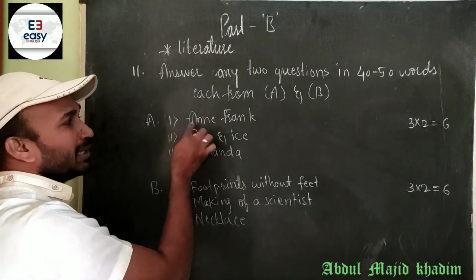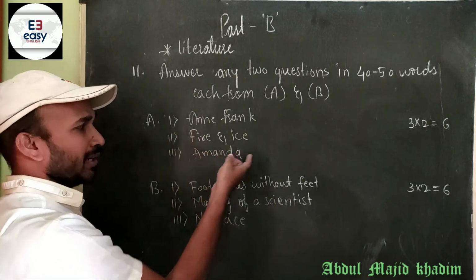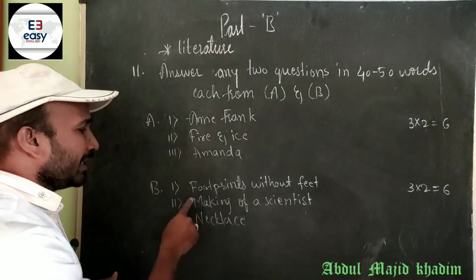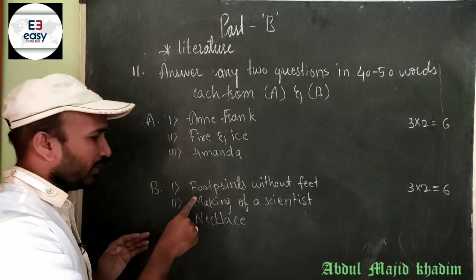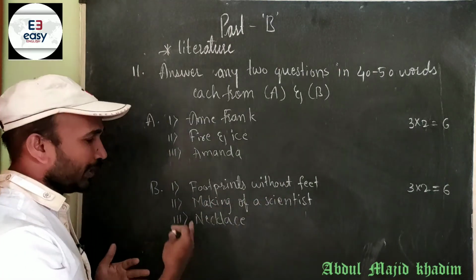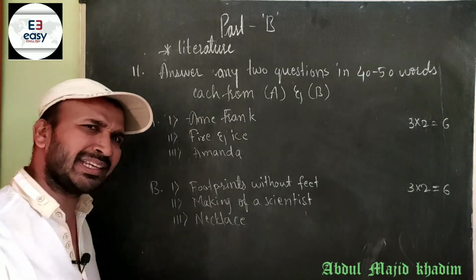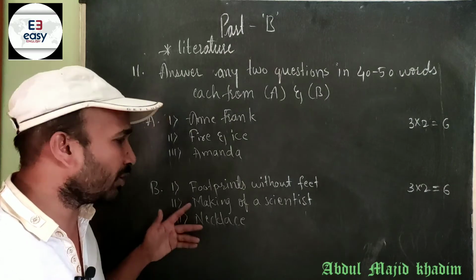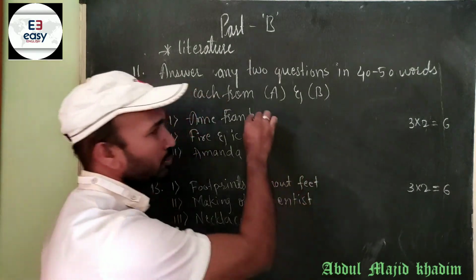Maybe the question will be on Anne Frank or Fire in the Eyes, Amanda, any 3 topics will be covered. And in Footprints Without Feet, the first question is from Footprints Without Feet, and Making of a Scientist or Necklace. Any 3 questions will be given, and from these 3 you have to select any 2 from here and 2 from here.